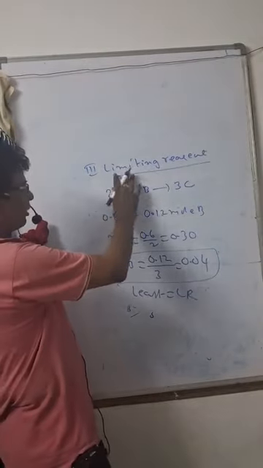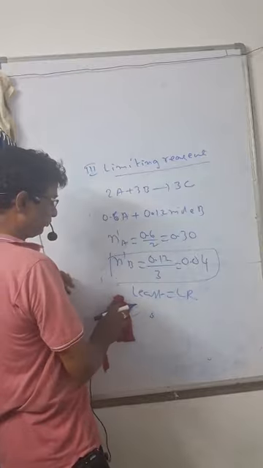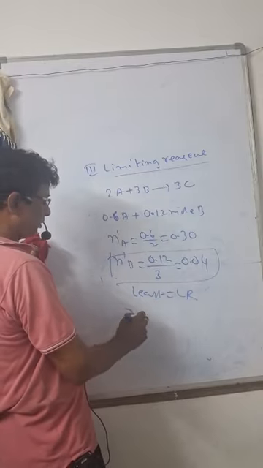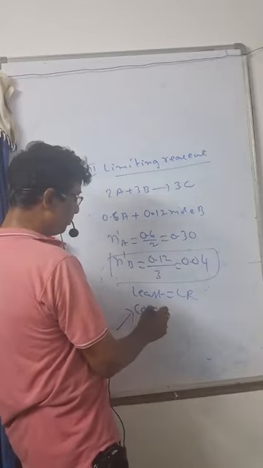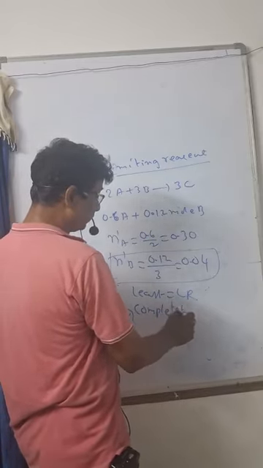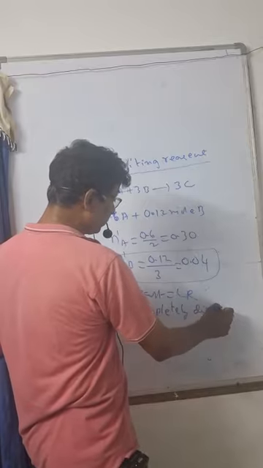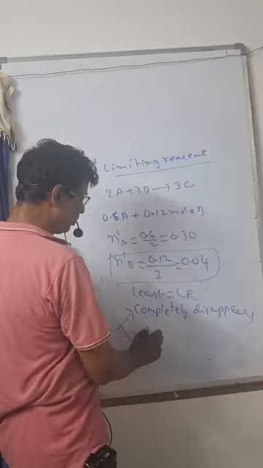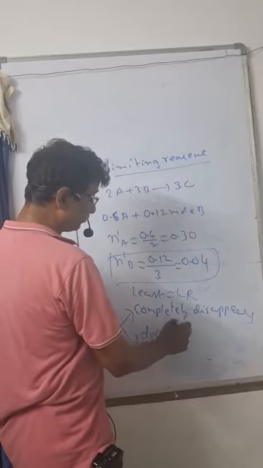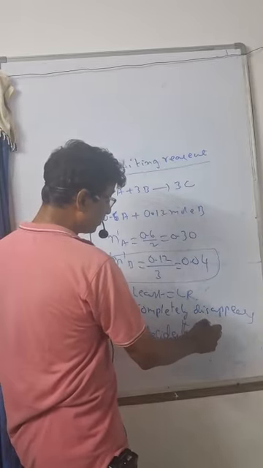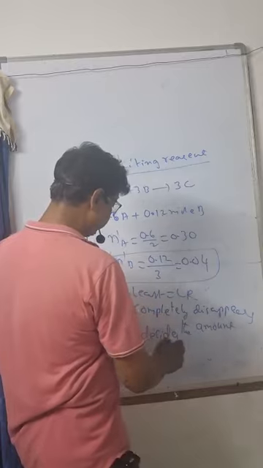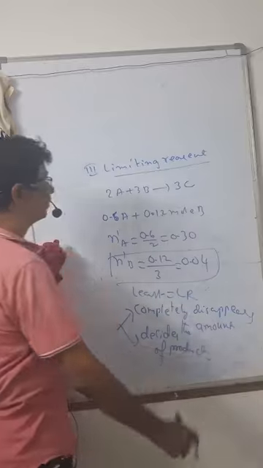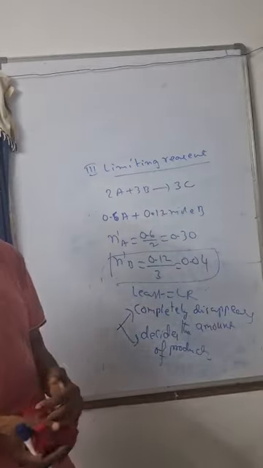The limiting reagent is completely consumed in the reaction. Here, limiting reagent completely disappears. It decides the amount of product. This is one way to find limiting reagent.